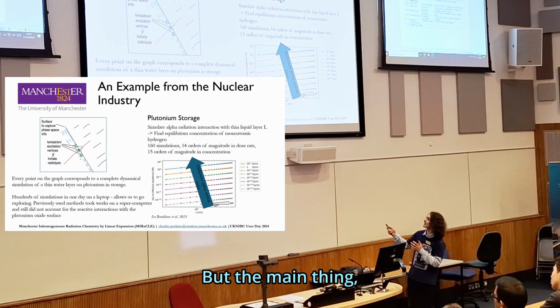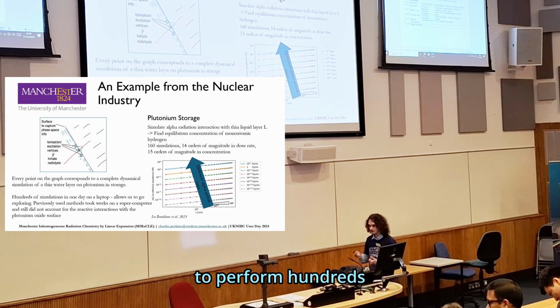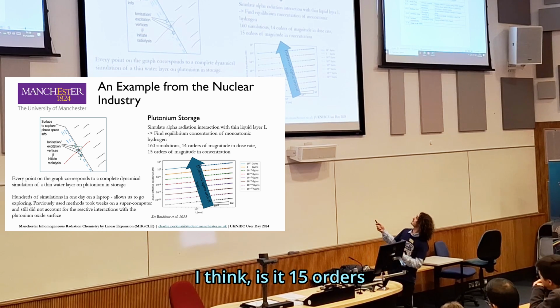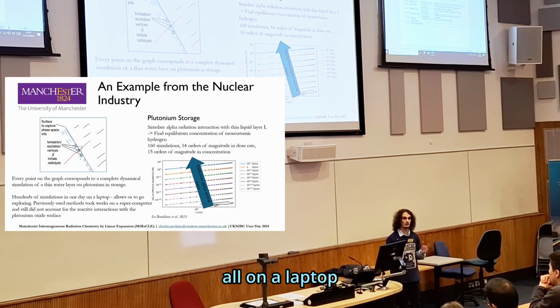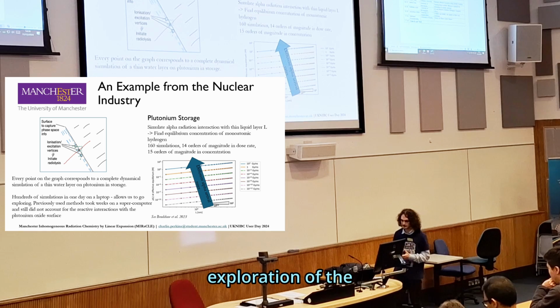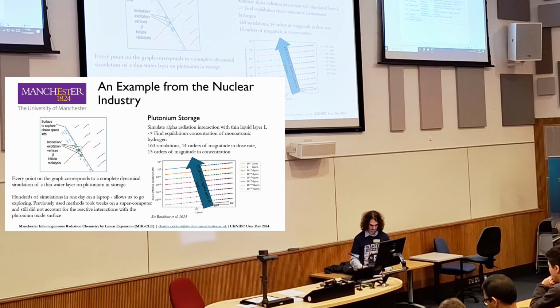The main thing is that they were able to perform hundreds of simulations over, I think, 15 orders of magnitude, all on a laptop in a single day. So there's this great exploration of the parameter space that's allowed by MIRaCLE.